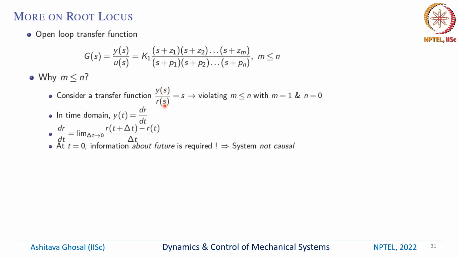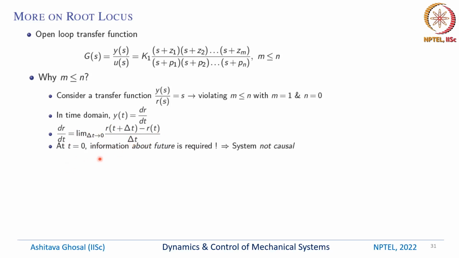Why? Because Y(s) is s into R(s), and if I take the inverse Laplace transform, s into R(s) is nothing but dr/dt. Now dr/dt, from the basic definition, is the derivative of r with respect to time, which is the limit as delta t tends to 0 of r(t plus delta t) minus r(t), divided by delta t.